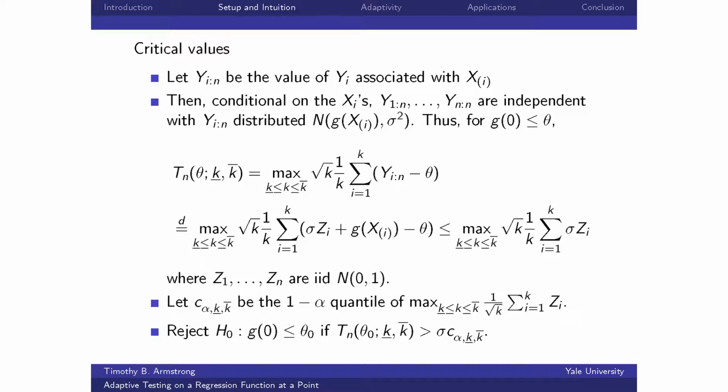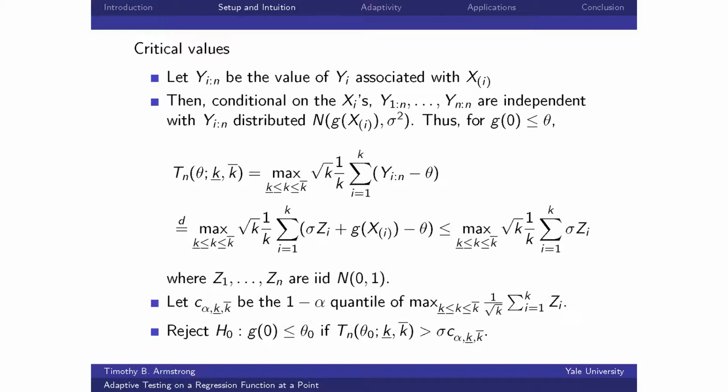So now I'm just rewriting this nearest neighbor estimator as a sum from i equals 1 to k of y_(i:n). Well, then we can just see, if we let z1 through zn be an IID normal 0, 1 sample independent of the data, this just has the same distribution.